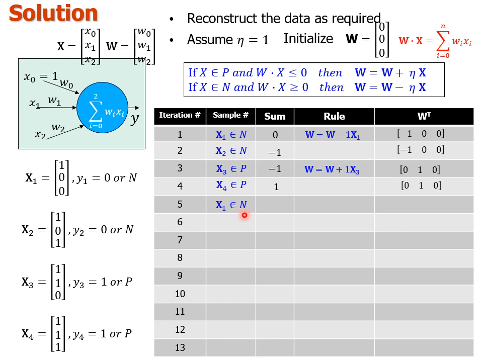On similar lines, we compute the summation, which is 0. So once again we need to update the weight vector as w equal to w minus 1 into x1. 1 is the learning rate, and thus the new weight vector is computed as minus 1 1 0.